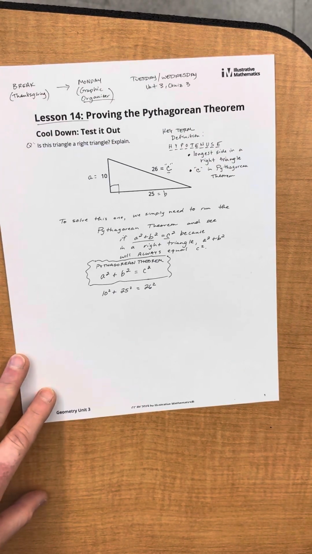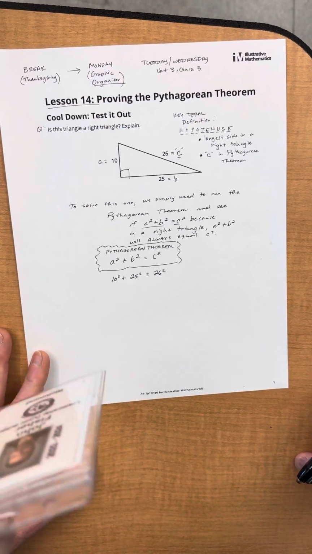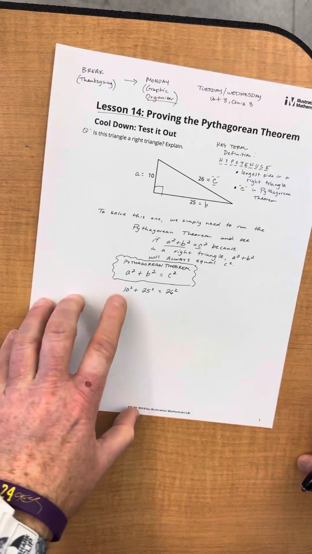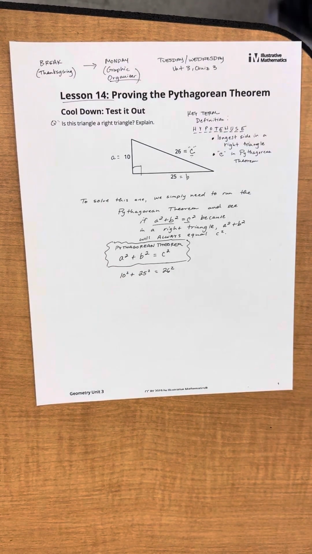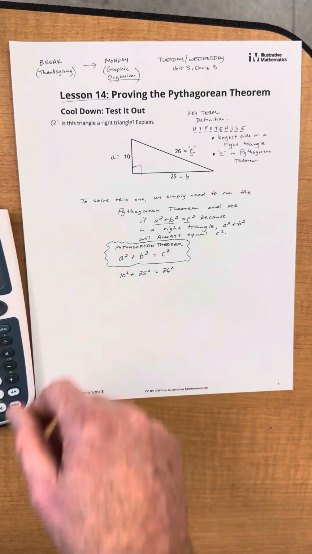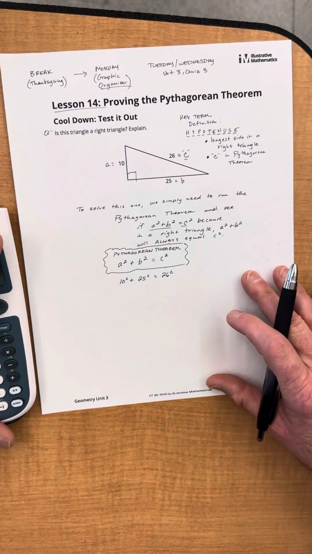Now, I'm going to get a calculator because I want to lead by example and teach you not to try to do these in your head. I know you know 10 squared is 100, but let's get a calculator. This is how you do it. This is the same on all the calculators.